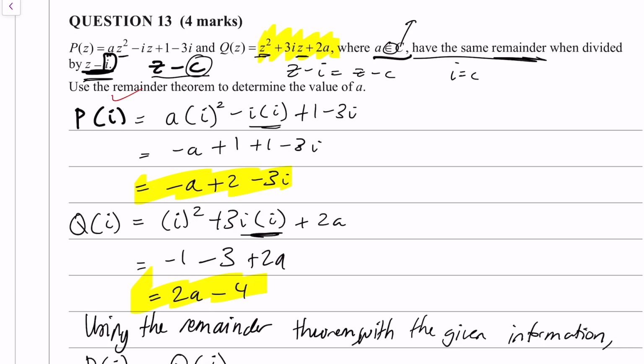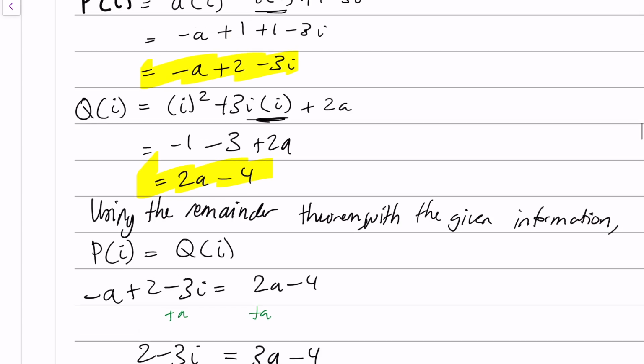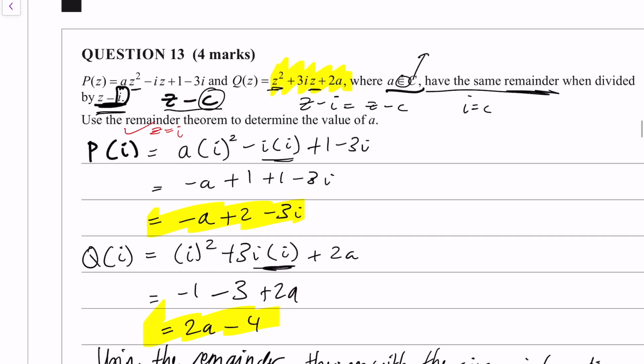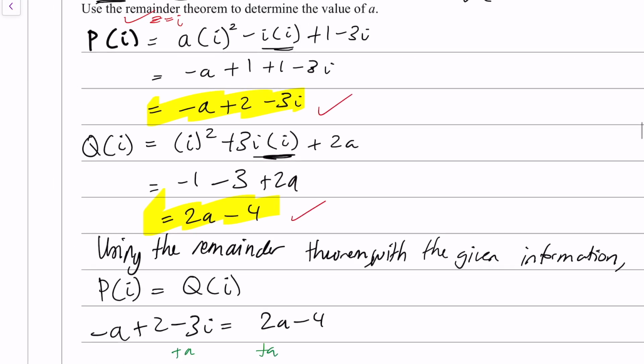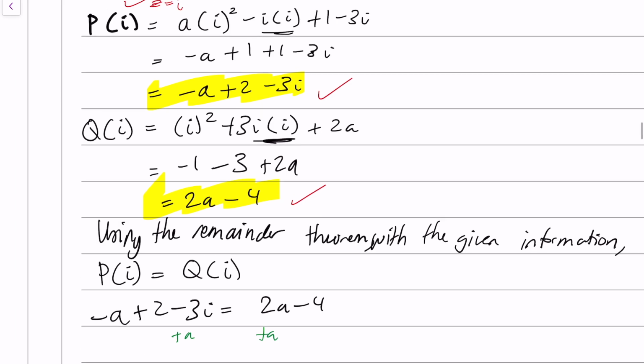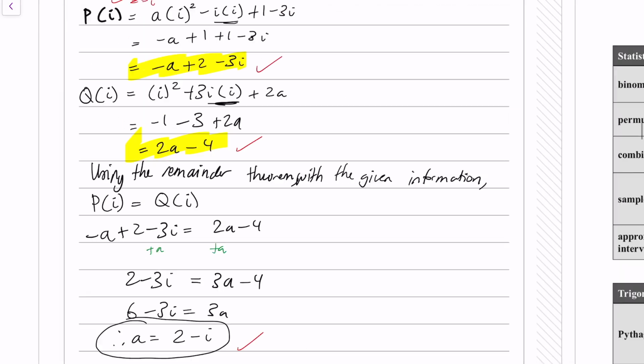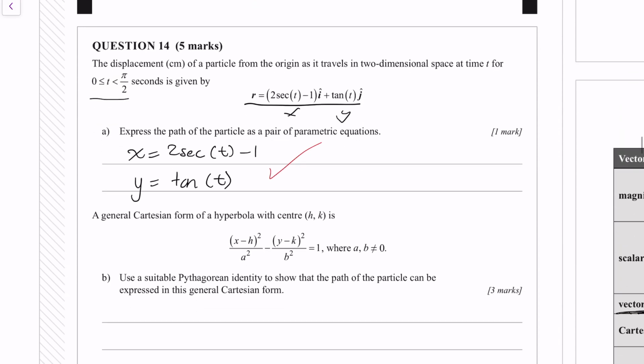So probably that's a tick there, but I would probably specifically say z equals i to really save myself for that mark, because we need to show that we're using the remainder theorem, but I guess we also get that mark here using remainder theorem. And then determines the simplified expression for p of i, so that's this mark and this mark. So those are the 3 marks, and then the 4th and final mark is determining the value of a. Okay, so that's our 4 marks there. Sorry, and then this one is again full marks there.